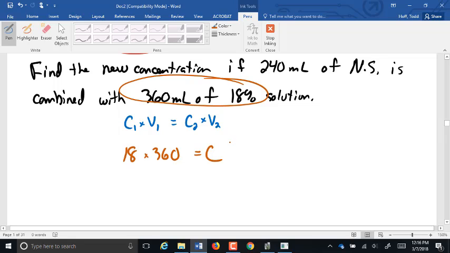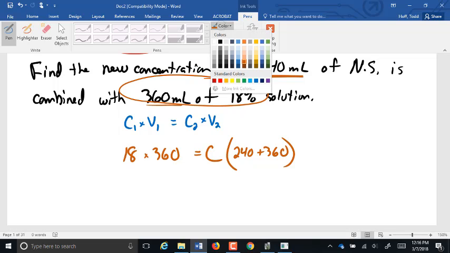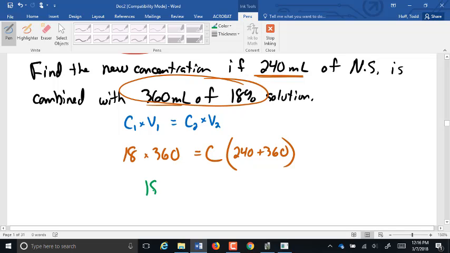It will not be times 240 here though. It's got to be 240 plus 360 because we added 240 milliliters of saline to an existing 360 milliliters of solution. So this is 18 times 360 equals our new concentration times 600.